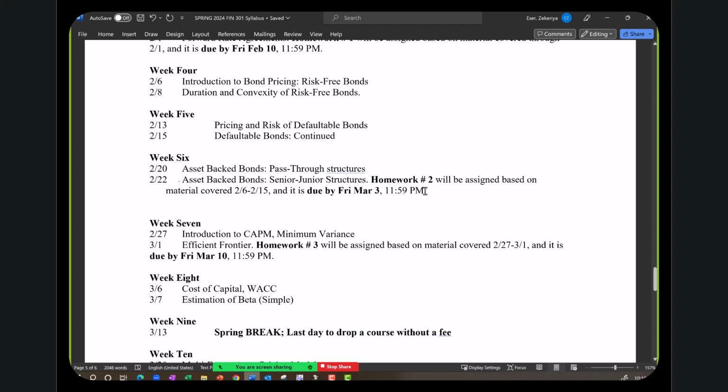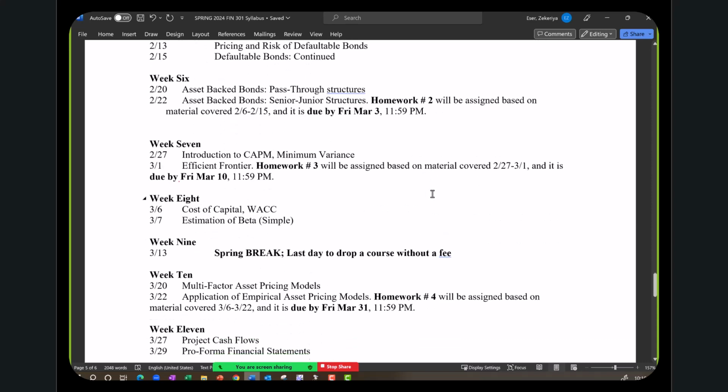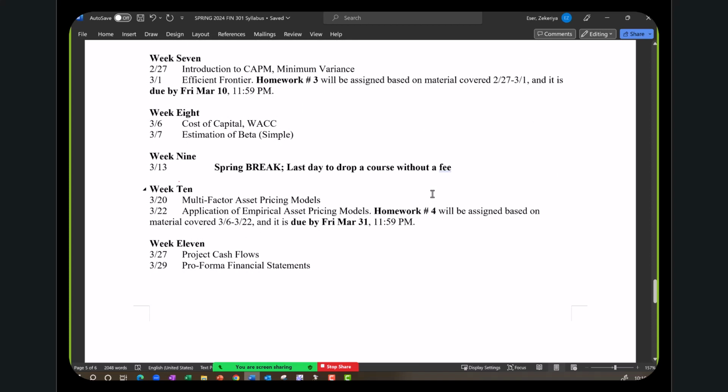At least the simple structures are relatively easy to price, so we're going to get into those. That's going to be kind of the first third to a third and a half of the semester. Then starting week 7 or so, we're going to start into CAPM.